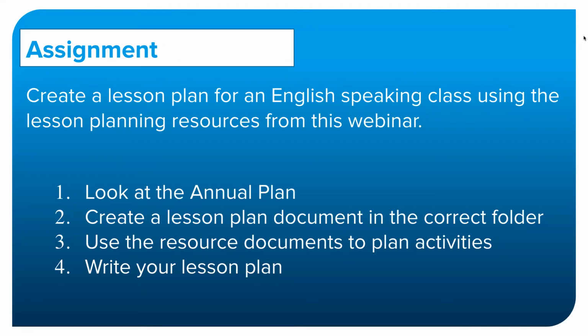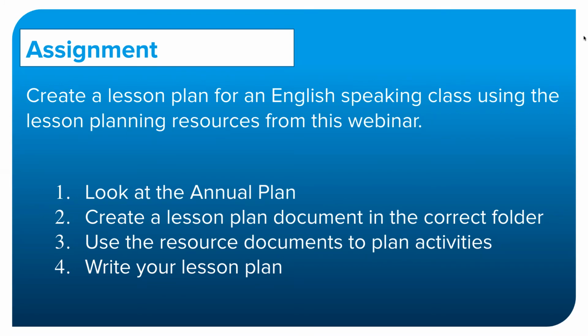So now that we've reviewed the different resources that you can use, and we've looked at a lesson plan of an English speaking class, it would be really good practice for you all to go away and create a lesson plan of your own for your English speaking class. So the steps really, I would say, are look at the annual plan.